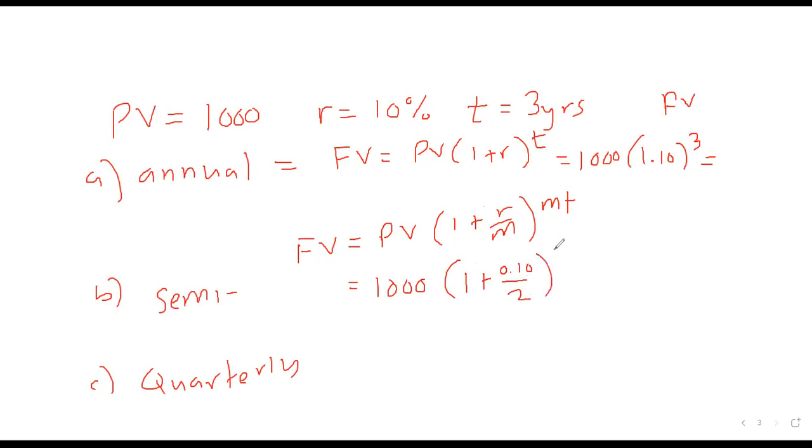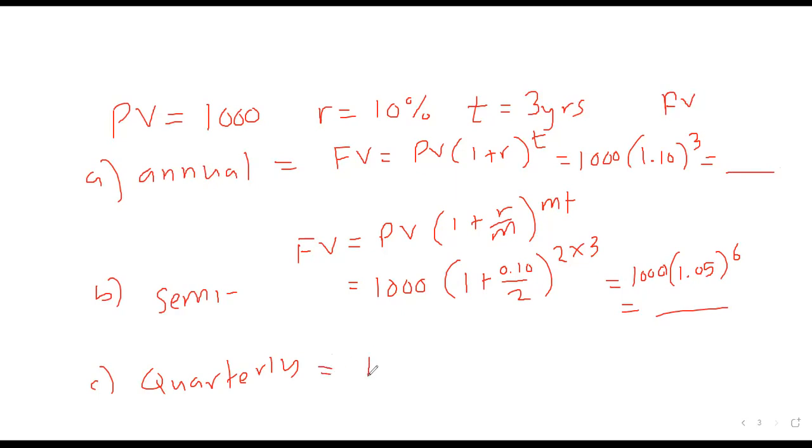So 2, bring the 2 times the time here, which is what? 3 years. So here we're going to have 1,000. You're going to have 1.05 to the power 6. So you get the figure there.